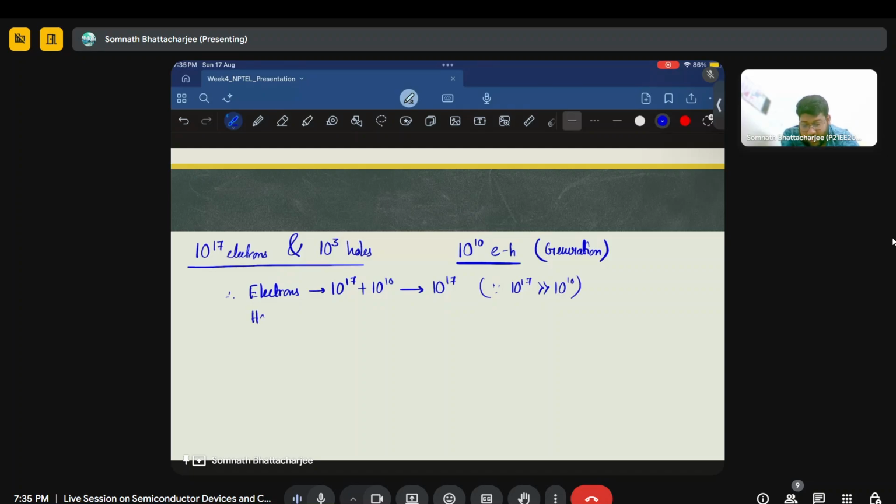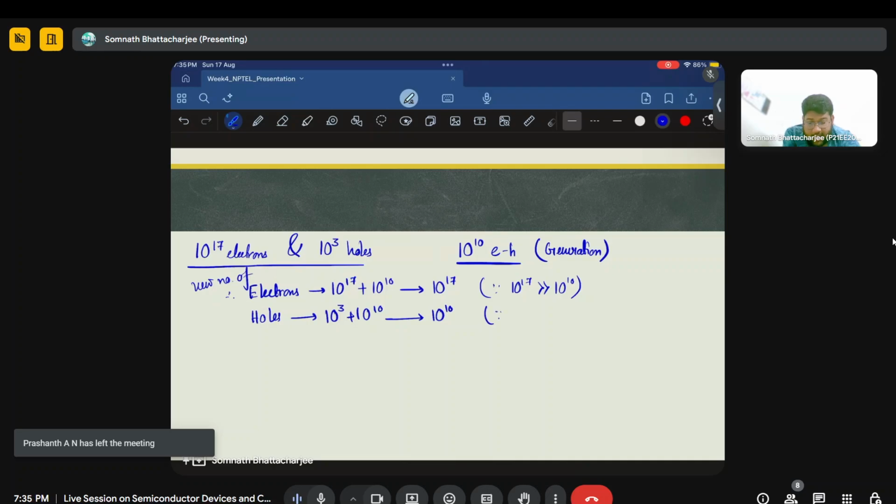Whereas the new number of holes is 10 to the power 10, the old one was 10 to the power 3. Now, what happens in this case? It becomes 10 to the power 10, as 10 to the power 10 is much greater than 10 to the power 3.